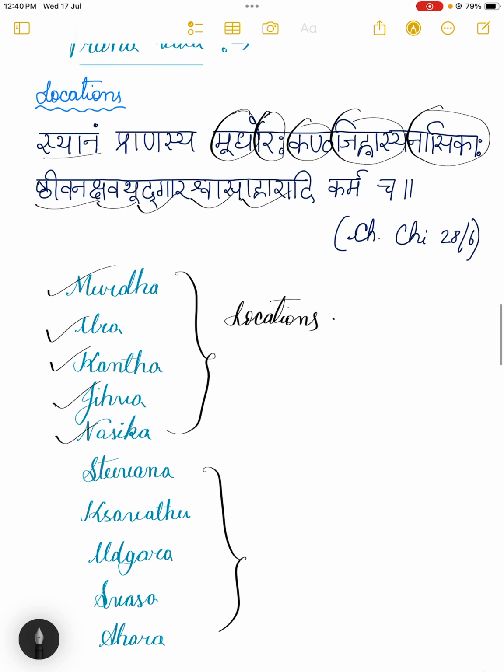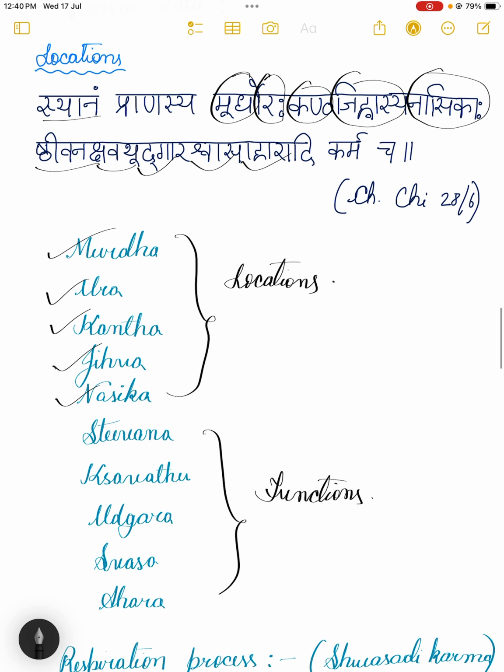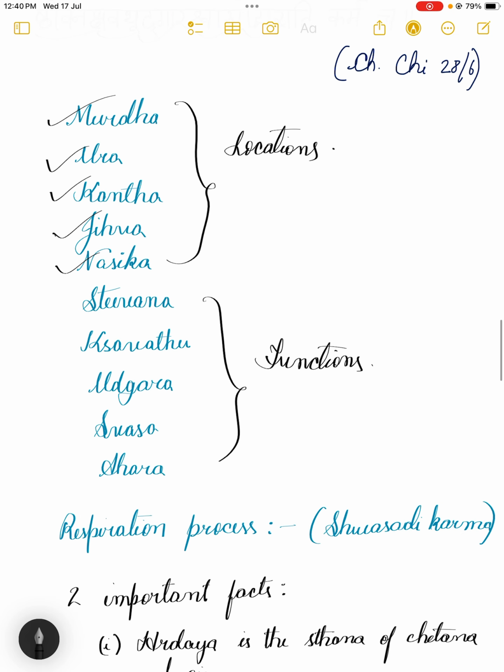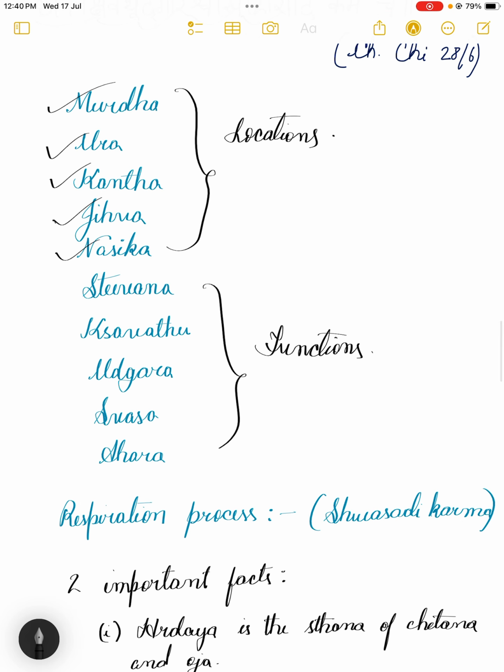These are the functions of Vat Dosh. Udgar means belching, Shwash means the respiration process, Ahar means not completely digestion but the method in which the food is brought into the alimentary tract. So these were the functions of Vat Dosh according to Acharya Charak.